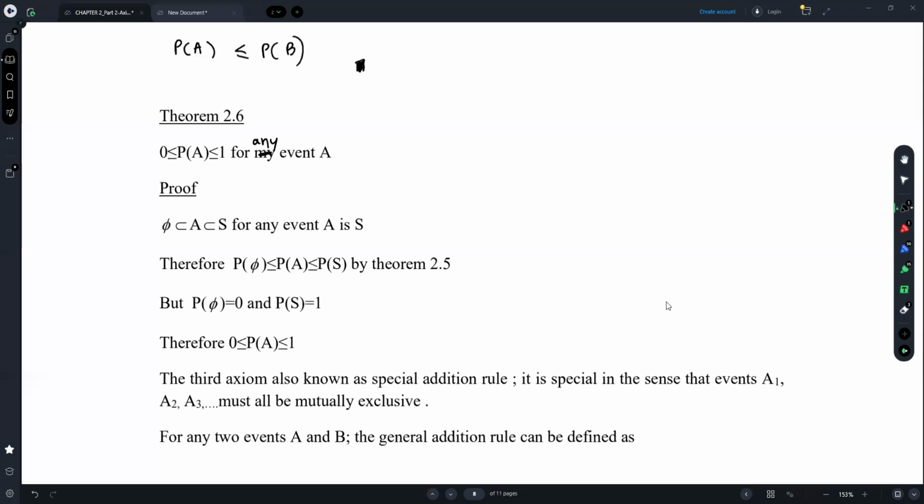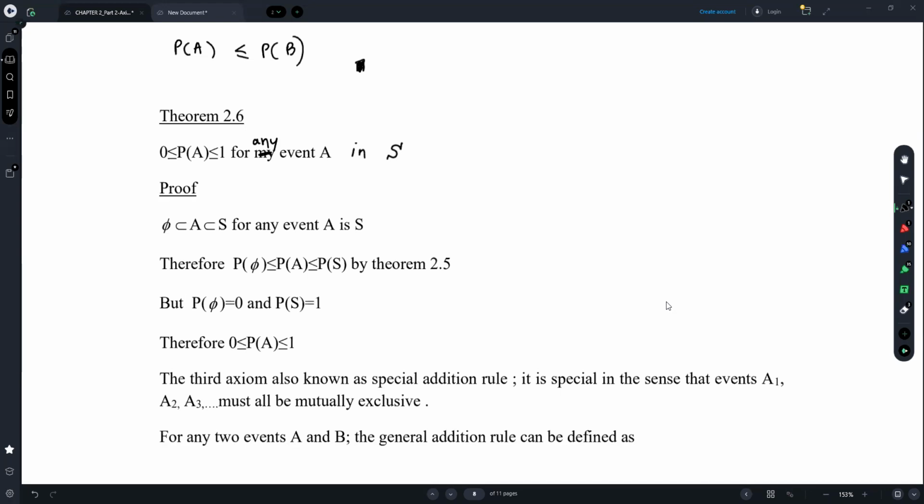Right, so this proof uses all previous theorems. If you look at the first line, let's say event A in our sample space S. A is always going to be smaller than S, and always bigger than the empty set, right? So you can write the empty set is contained in A, which is contained in S. Then you apply the probability to this inequality.